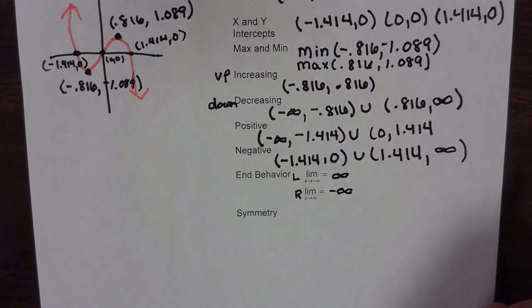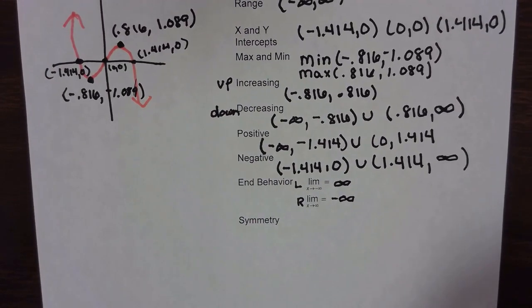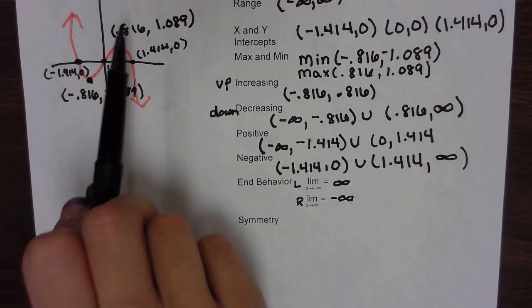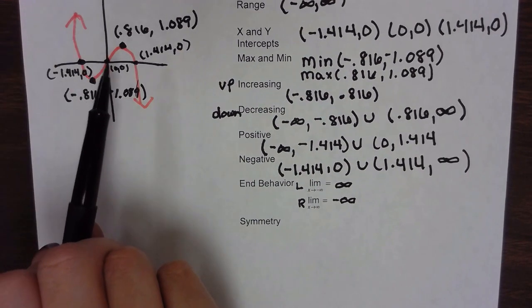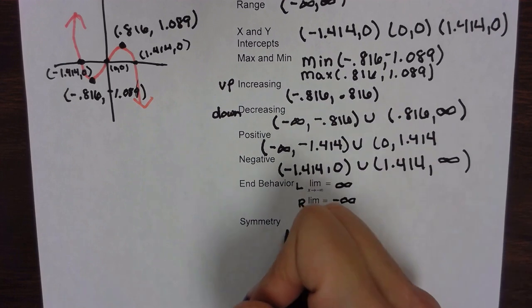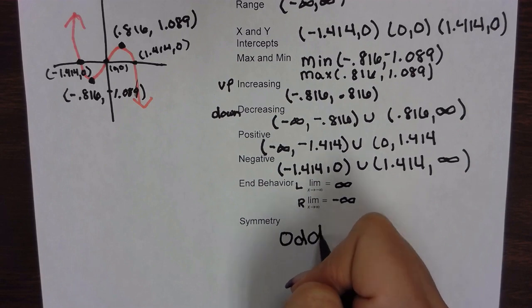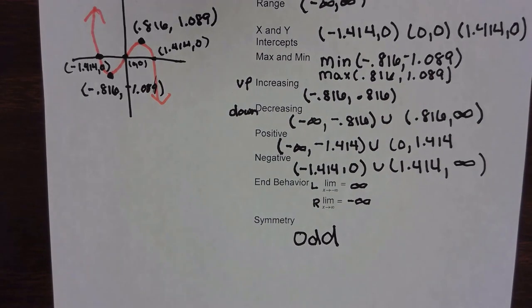Now remember, our choices for symmetry are even, odd, and neither. Even means it reflects. Odd, it rotates. Neither means none of those. What does it do? It rotates, so it's odd. Let's do our next example.